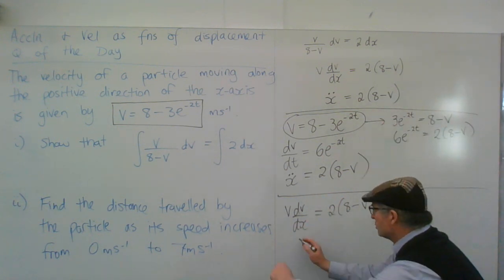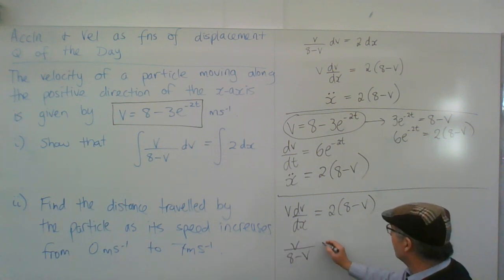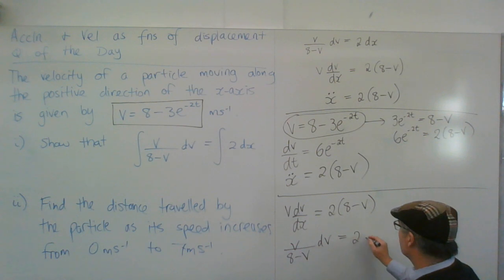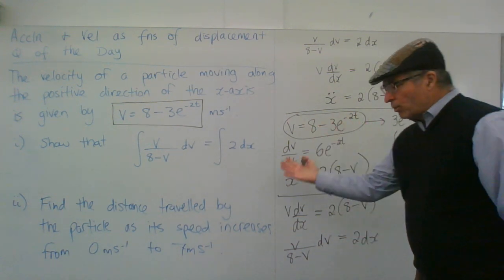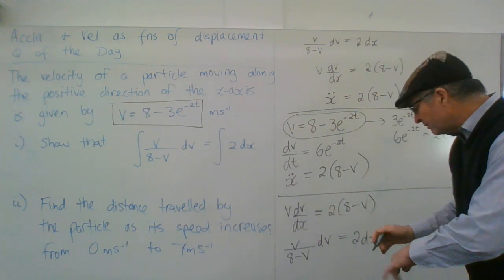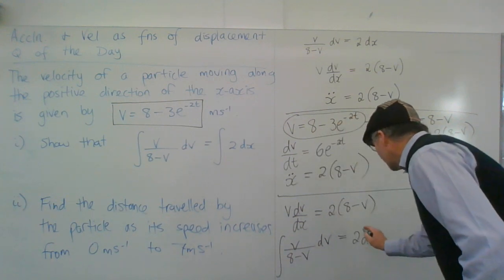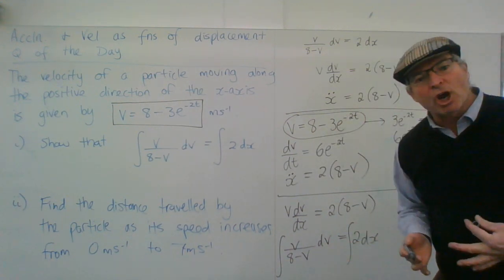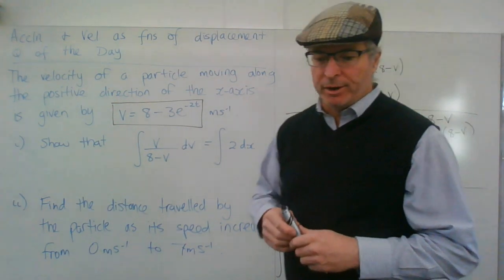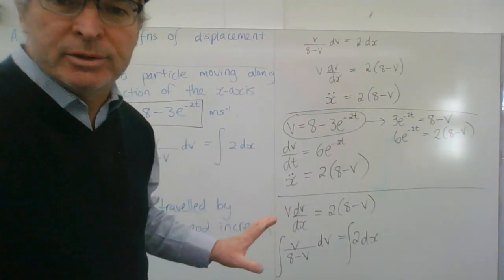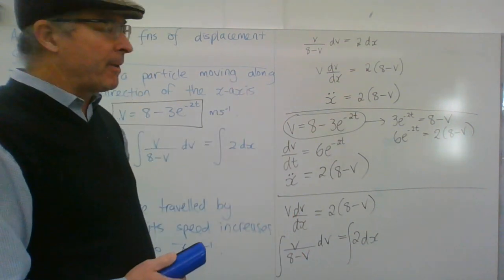And so swapping that around, v on 8 minus v dv equals 2 dx. And then, of course, the next line down, but I'm running out of space here, the next line down would be to pop those in front, and we've shown what they asked us to show. We've gone and given them what they wanted. Now, I'm going to need to erase that to use that, but if you need it, of course, you can rewind and go back onto that information there.